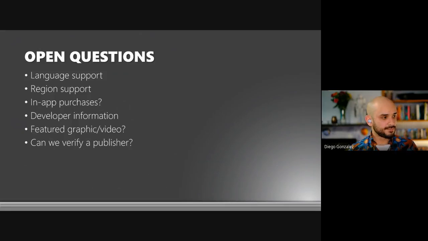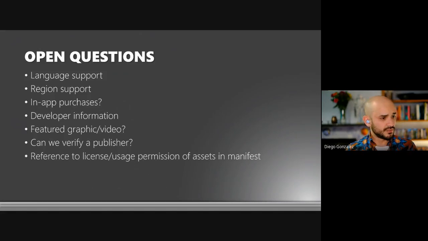Possibly one of the more complicated questions that we have is, how can we verify the publisher when it comes to the information that you're inputting in a manifest file? Then there is a reference to license or usage permissions of the assets that are in the manifest file.